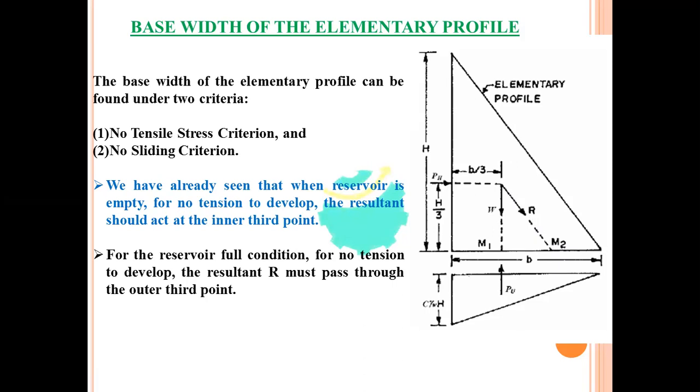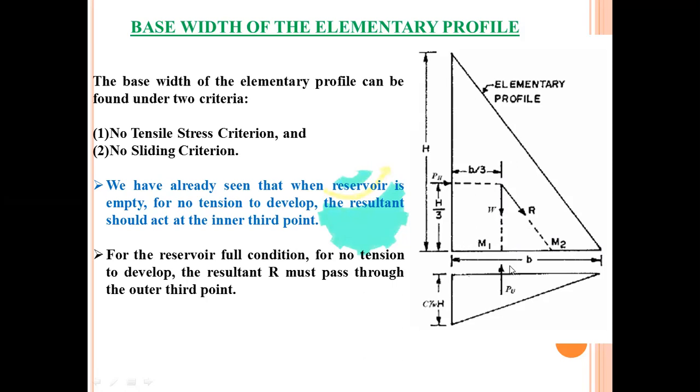For the reservoir full condition, for no tension to develop, the resultant R must pass through the outer third point, not the inner third point. So the weight passes through the upstream one third. The resultant will pass at one third distance from the outside. That means from the toe to the resultant is B by 3 distance, M2 to toe is B by 3 distance, and M1 to heel is B by 3 distance.